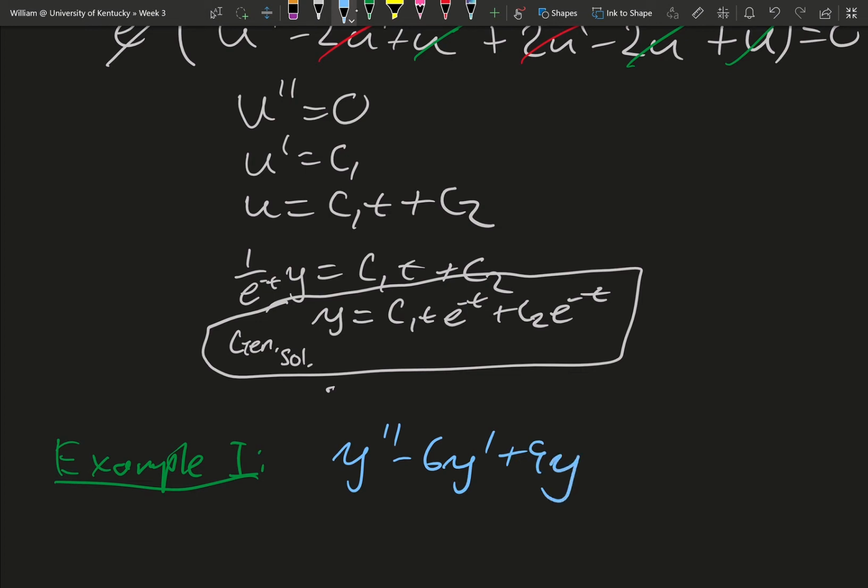We had a repeated root for the characteristic equation. That is, we got r minus 3 squared equals 0. And our fundamental set of solutions was e to the 3t and t e to the 3t.